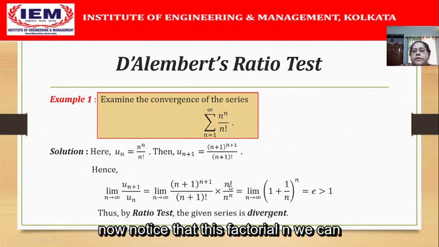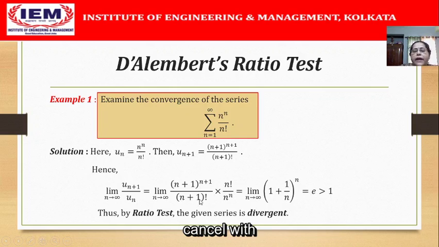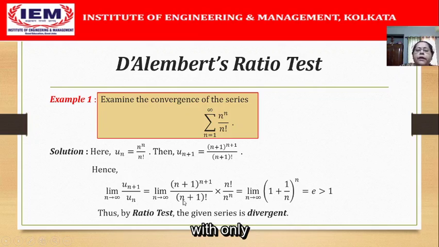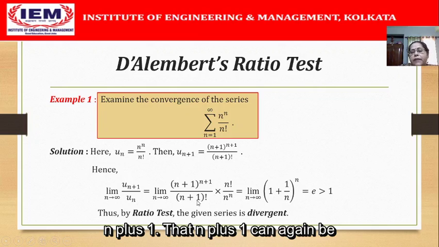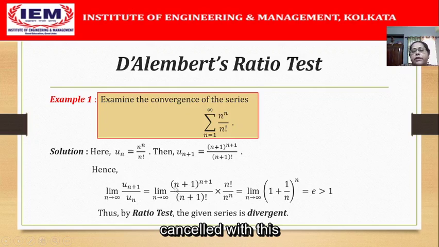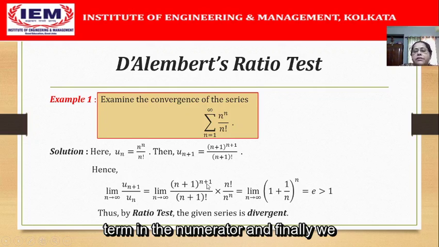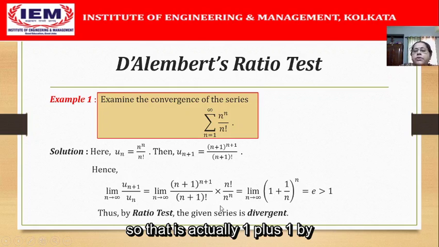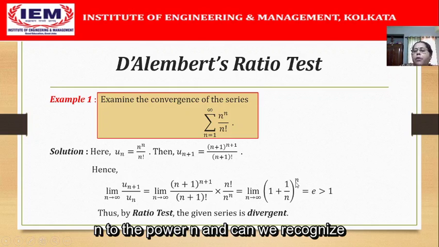Notice that this factorial n we can cancel with factorial n plus 1 and we will be left with only n plus 1. That n plus 1 can again be cancelled with this term in the numerator, and finally we will be left with n plus 1 by n to the power n. So that is actually 1 plus 1 by n to the power n.